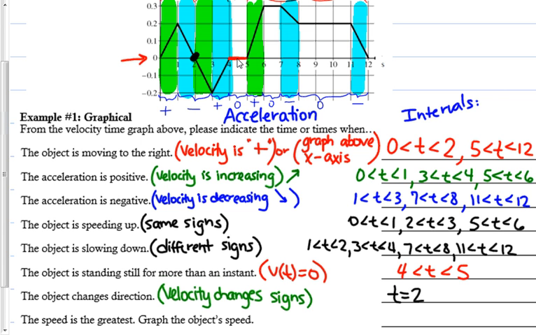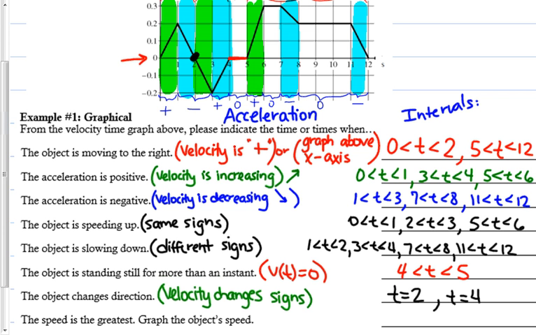So I'm going to write, at t equals 4, it changed signs. But really, 0 is not positive or negative, so I can say between 4 and 5. We'll just leave it like that for now.